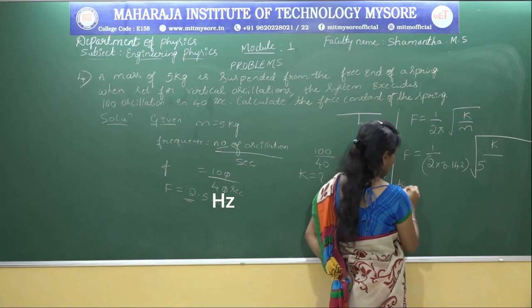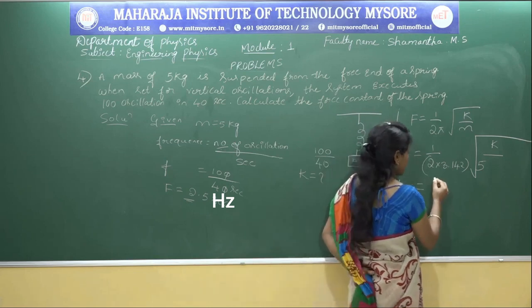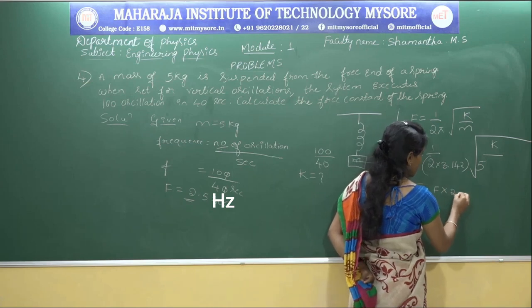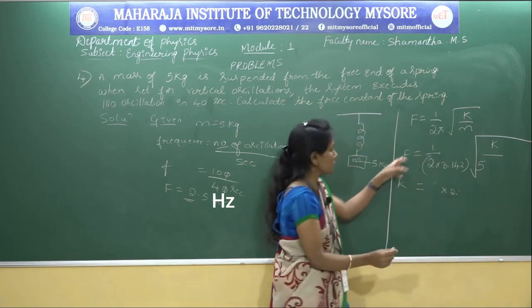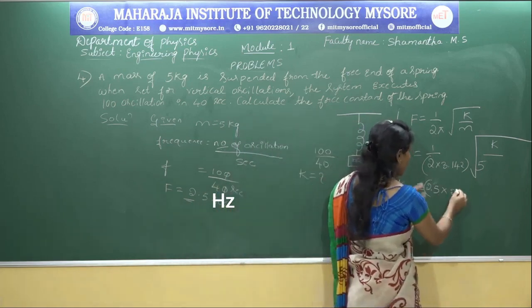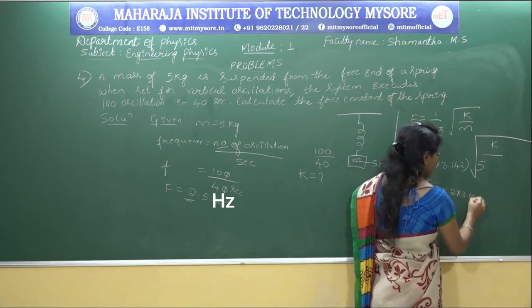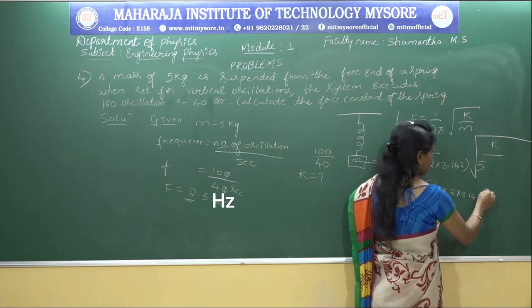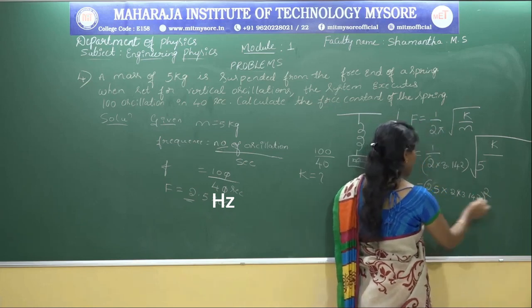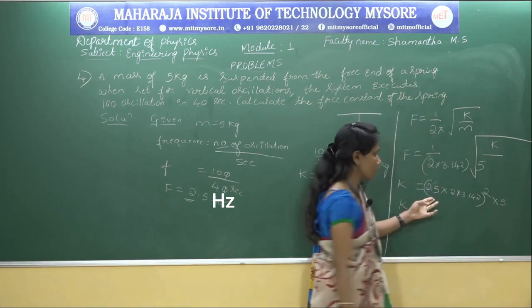K is equal to F into 2 into pi, whole square, into M. The frequency value we know, just substitute the frequency value: 2.5 into 2 into 3.142, whole square, into 5. Then if we simplify this, then what?